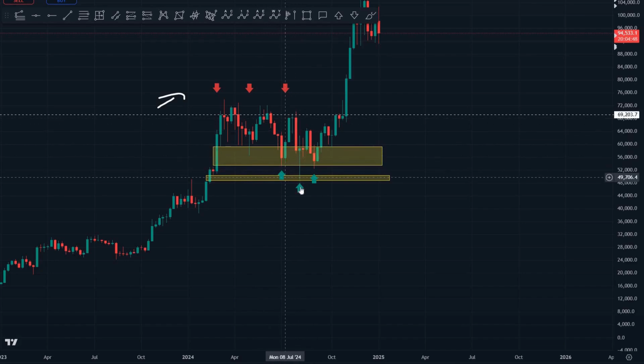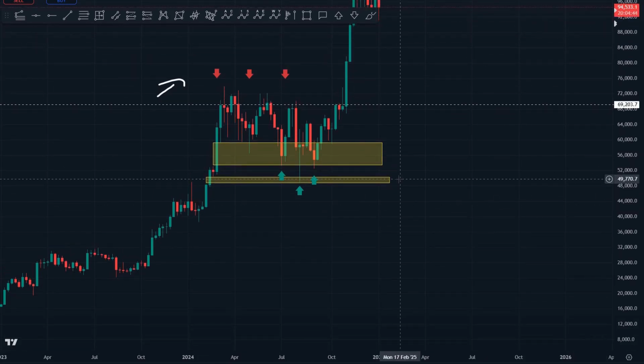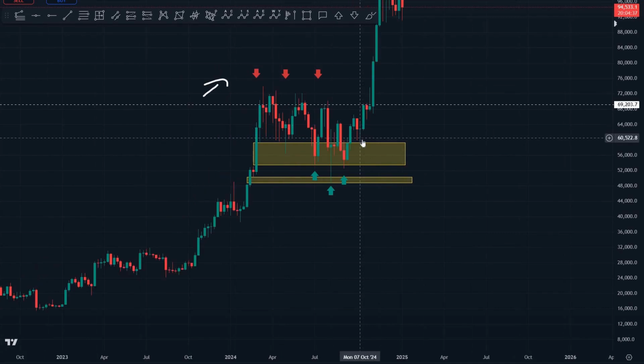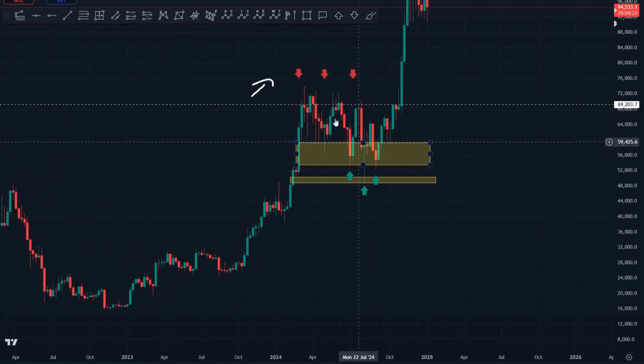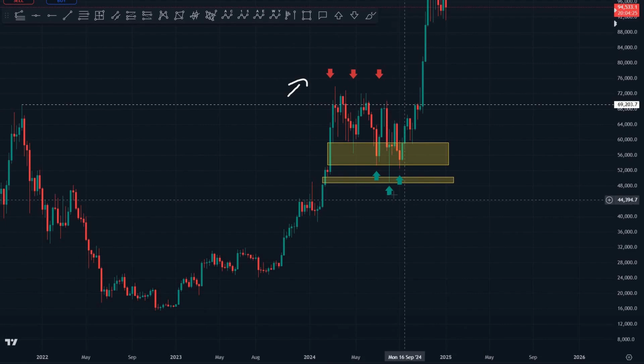Manufacturing another low, taking it out, and getting just under the 50,000 mark, plus all the fear that was going on, and some internet gurus were talking about the bull market being over and stuff like this. Some people on Twitter were starting to talk like this, and you just know it's all bullshit. So we were bullish, and we were just waiting for this type of thing to happen.